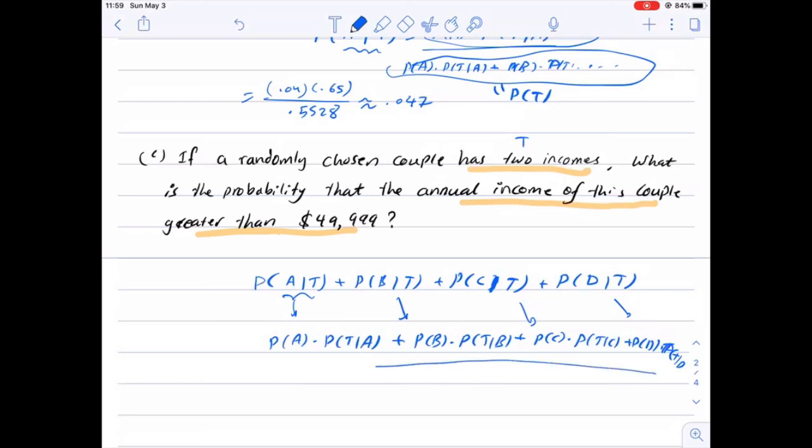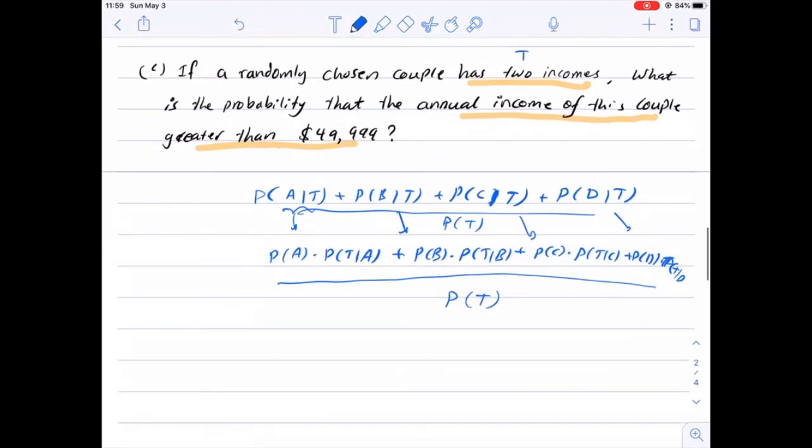Now we need to divide this by probability of T, the total probability. Now the first branch gives 0.04 times 0.65. The second branch is 0.1 times 0.73, the product of the probabilities.